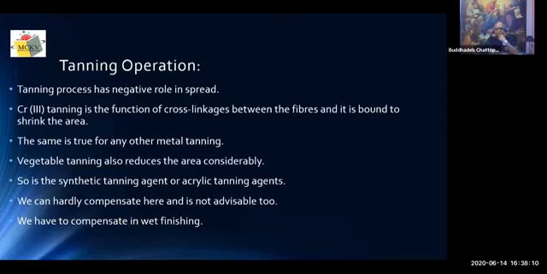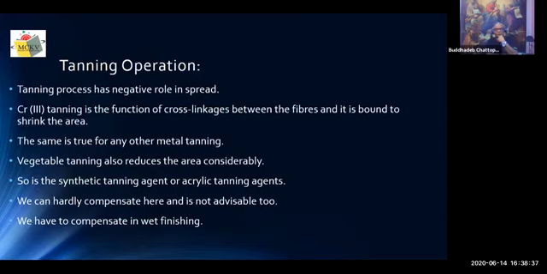Tanning operation. Tanning has a negative role in spread. Chrome tanning, we believe, is a function of cross-linkage, though I have my own doubt. I will explain to you later, because we are birds of the same feather. Between the fibers, it therefore shrinks the area to a certain extent.